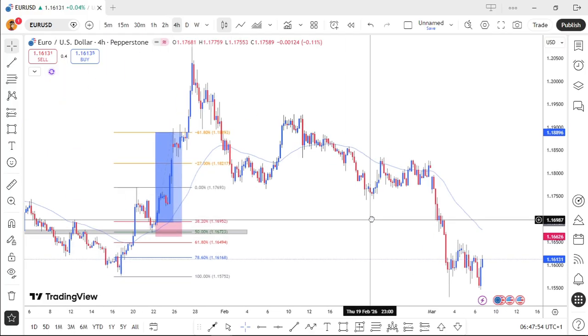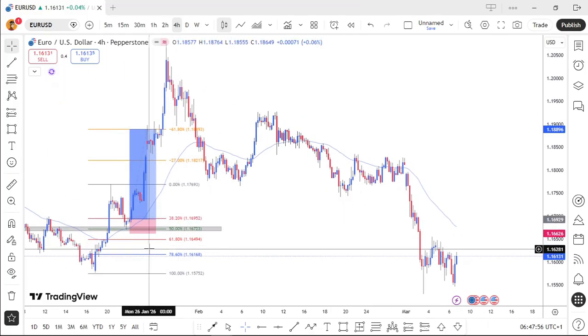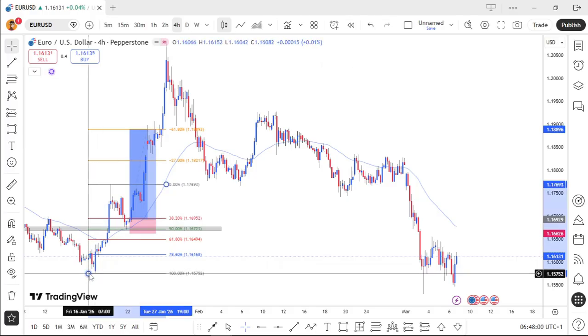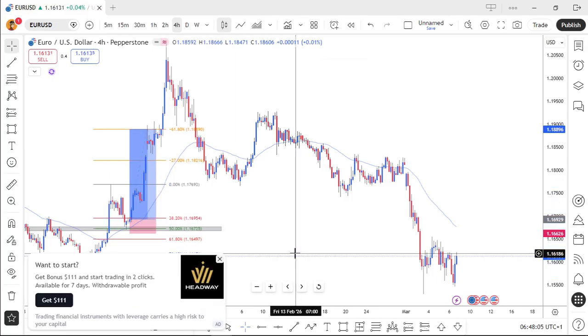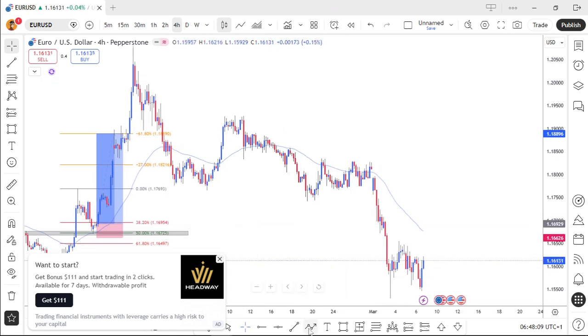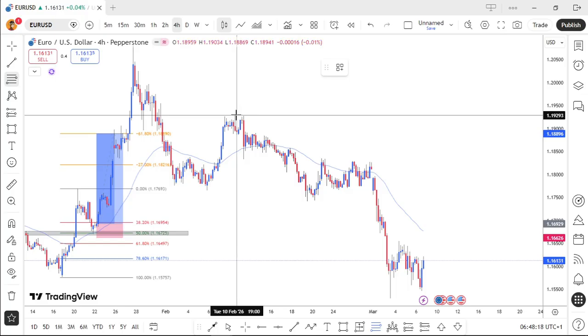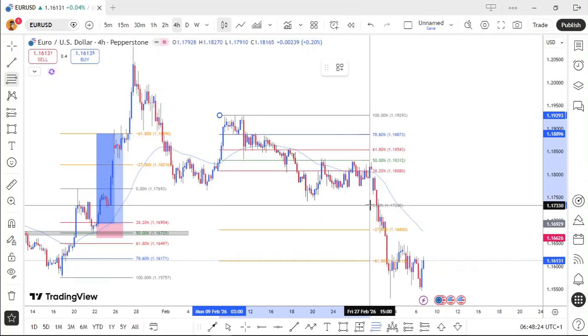So in the case of a downtrend, this example is for an uptrend. In the case of a downtrend, you just identify your swing high and you identify your swing low. In this case, this place is our swing high and this place is our swing low.